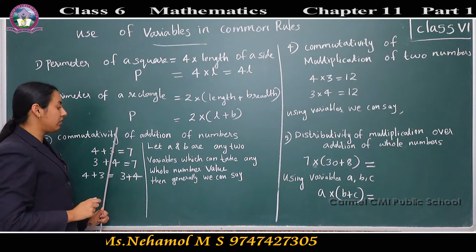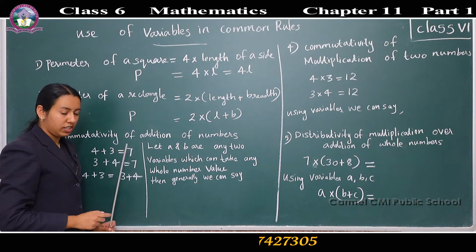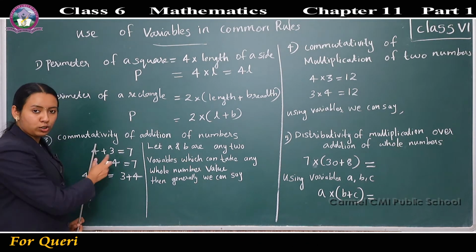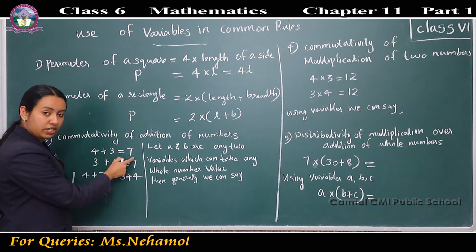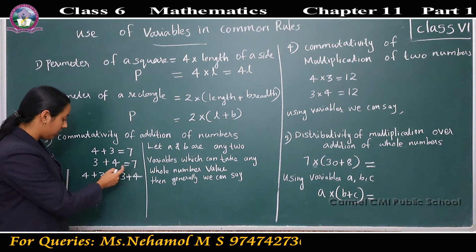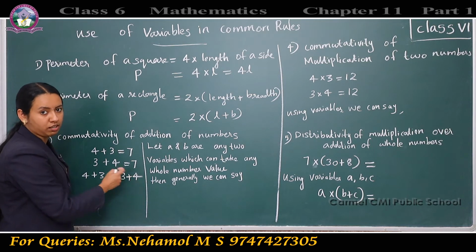Next one, commutativity of addition of numbers. What is the commutative property? Yes, in the chapter whole numbers we already studied. We can add two whole numbers in any order. For example, 4 plus 3 is equal to 7. 3 plus 4 is also equal to 7. So, we can write 4 plus 3 is equal to 3 plus 4.